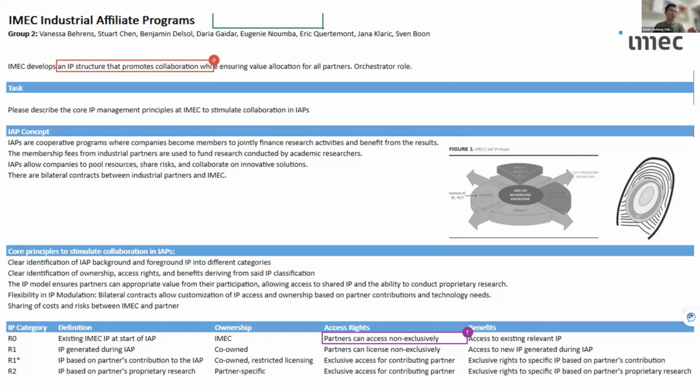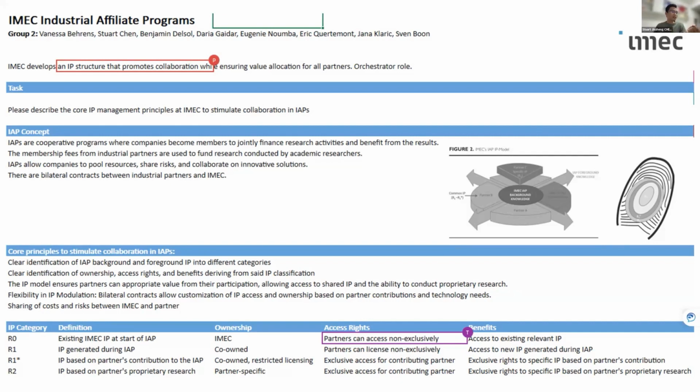And at this time, the ownership is totally by IMEC, but partners can access non-exclusively. So this access to the existing relevant IP can stimulate the IAPs because they can access non-exclusively. Then we go to R1.